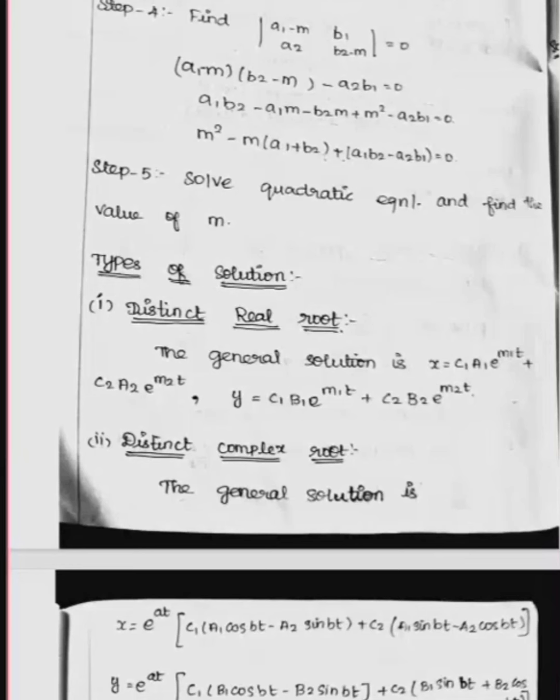So A cos beta plus B sin beta is the function, and you can write it as A1 is the positive term and A2 is the negative term. Likewise, you can take it. Here, beta t minus A2 cos beta t.